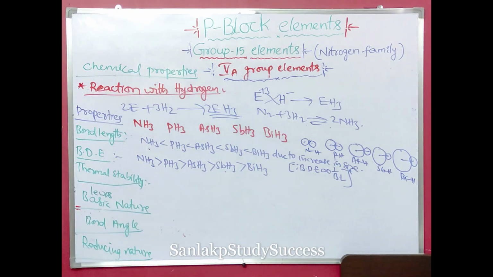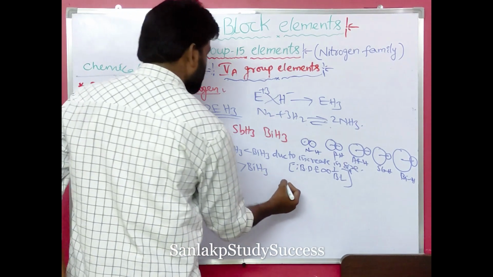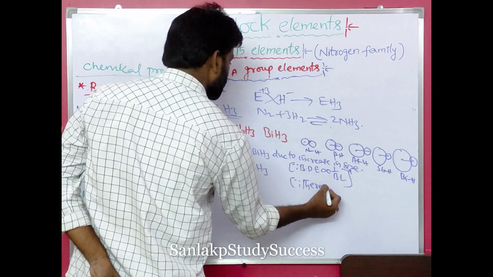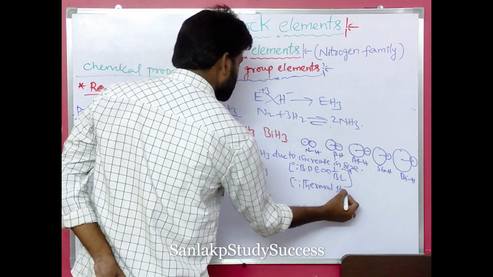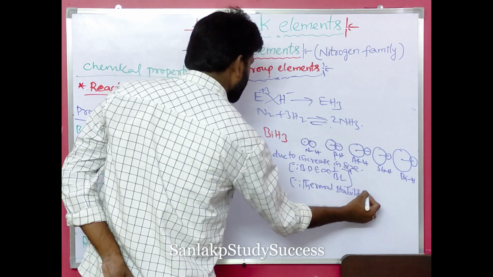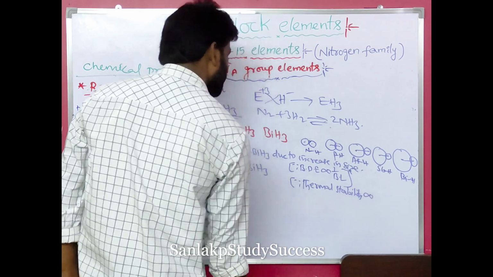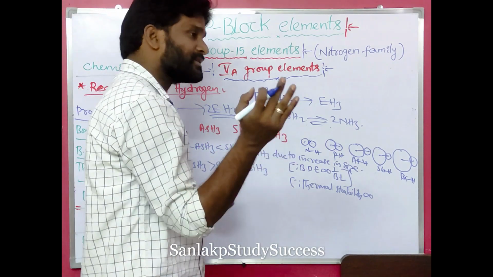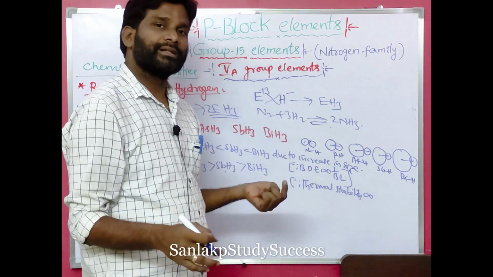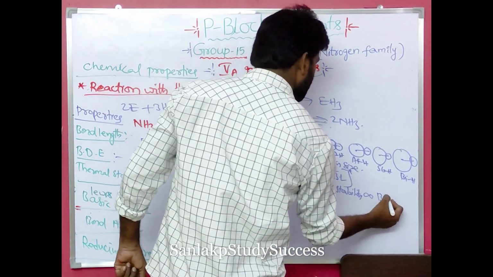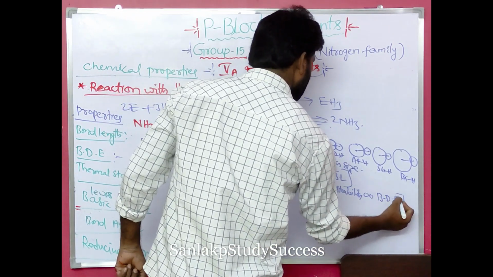And next one, thermal stability. Thermal stability and bond dissociation energy are in which relation? Directly proportional. Thermal stability means, if it is heated, a high amount of energy is required to break its bonds. That means thermal stability and bond dissociation energy are directly proportional.